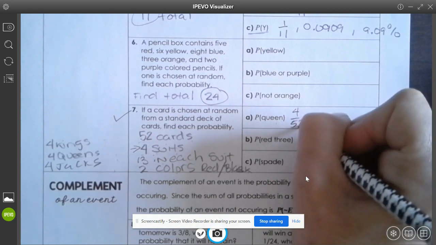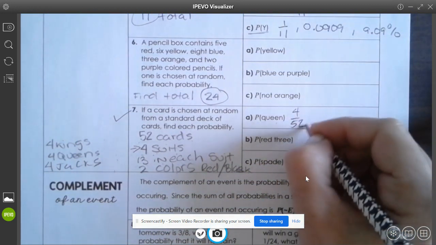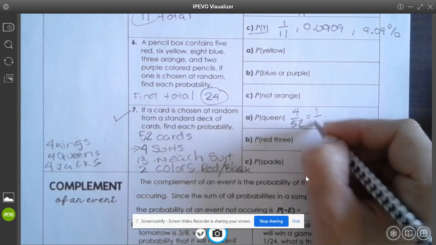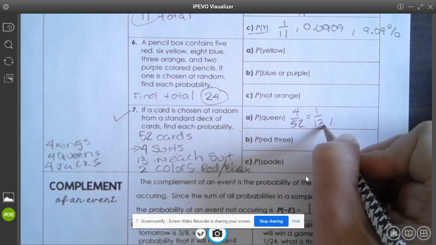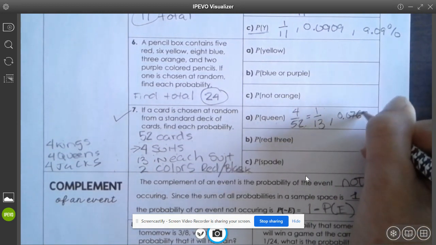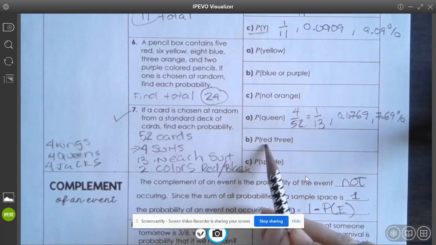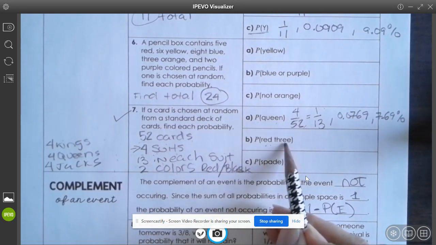Now remember, 52 can be divided, so be careful there. 4 goes into 52 13 times, so that would be 1 over 13, and that is your simplest form. So 1 divided by 13 is 0.0769 times 100 is 7.69%.